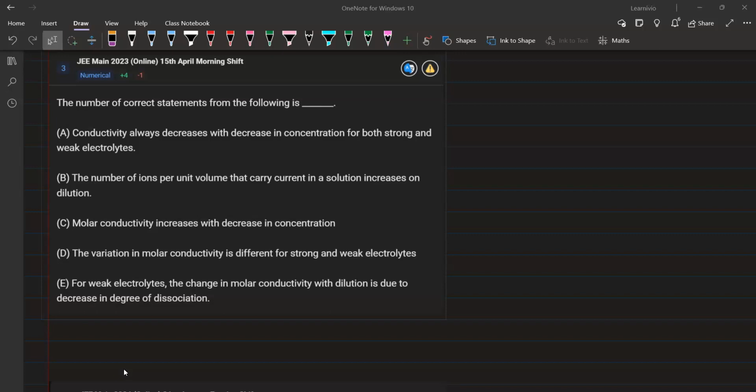It is an integer type question. You have to tell the number of correct statements. How many of these statements are correct?